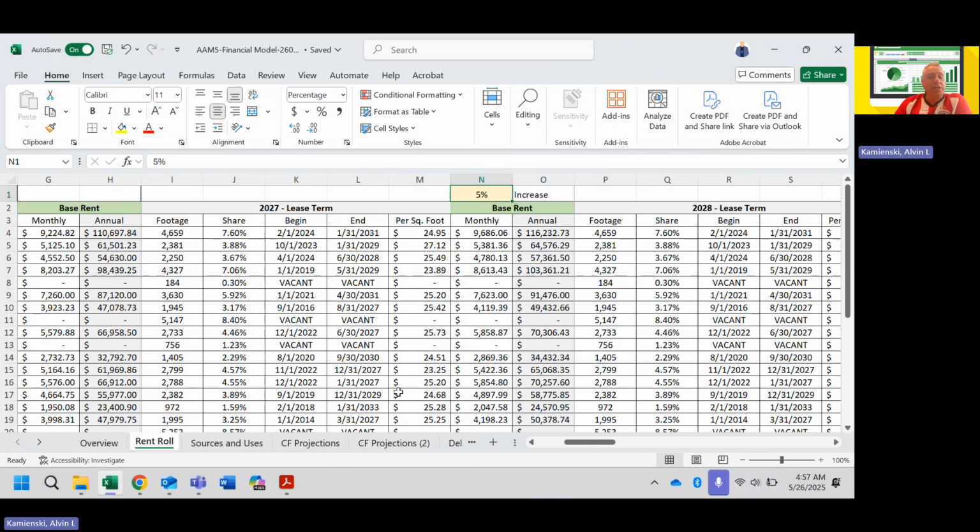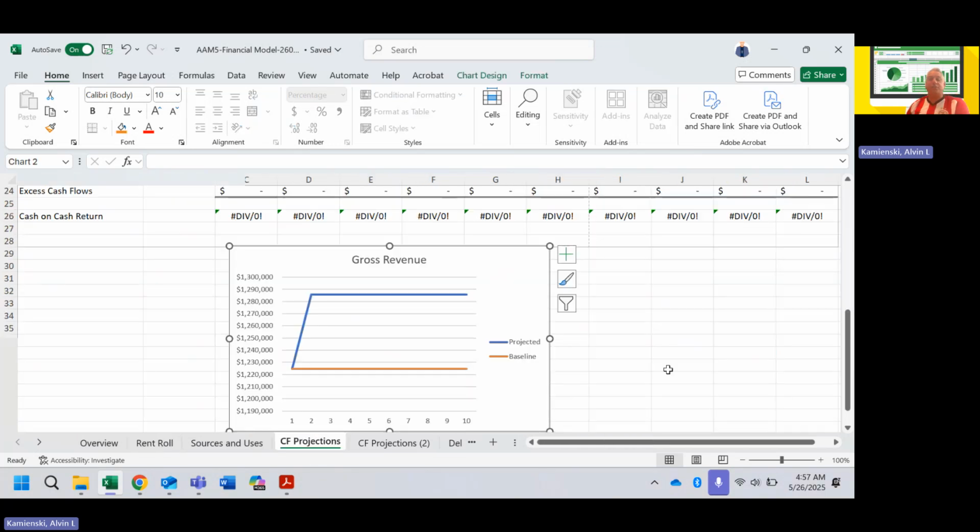And then when you go and you look at your graph on cash flow projections, what do you see? You don't see anything?